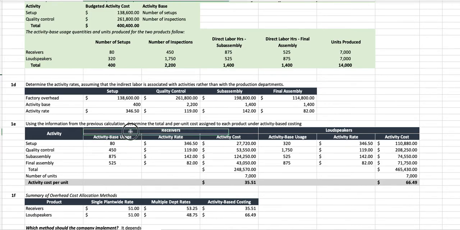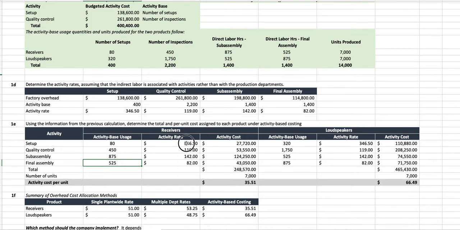And this first section is all about receivers. So the receivers had 80 setups. Quality control, they had 450 inspections, 875 hours in subassembly, and 525 hours in final assembly.